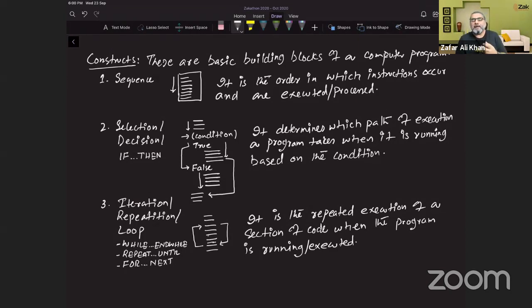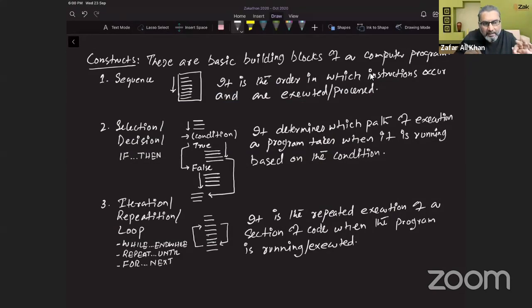Every computer program has sequence, and out of the other two, you would have to see if there is if then else, then it is said to have a selection. And if there is any for next, while, or repeat until, then you would say yes, this program has iteration. They all three can also coexist.